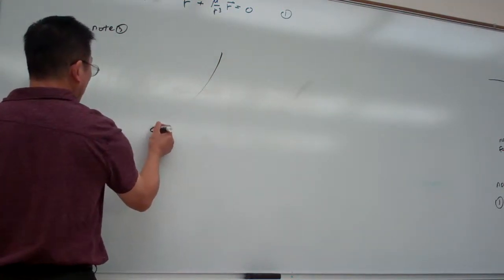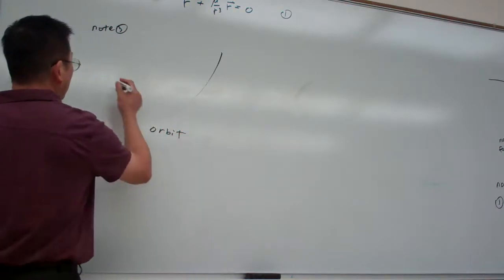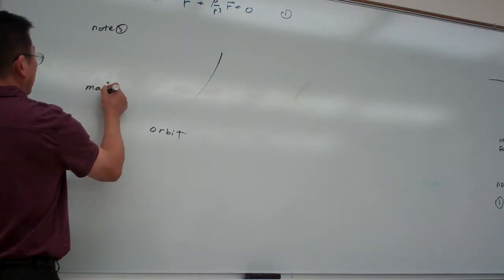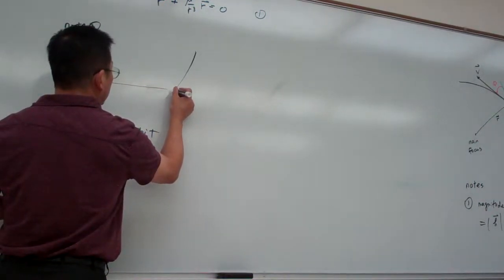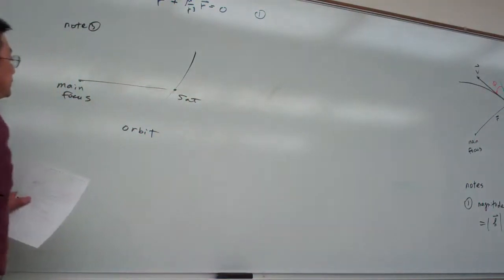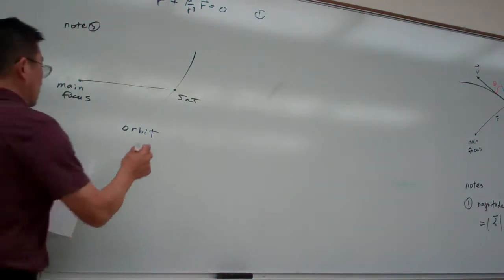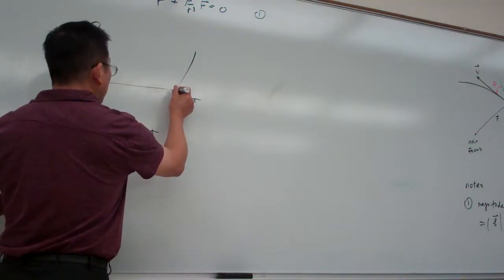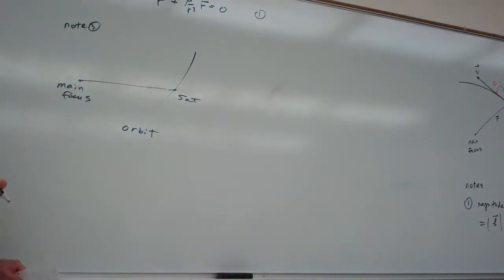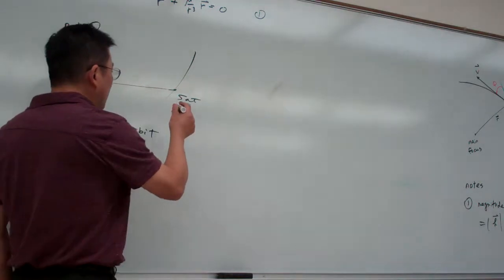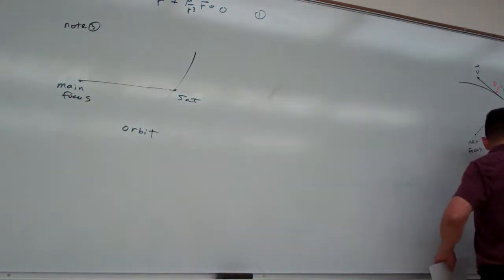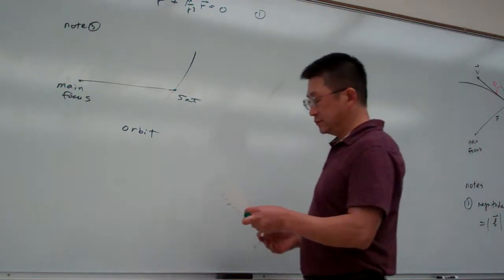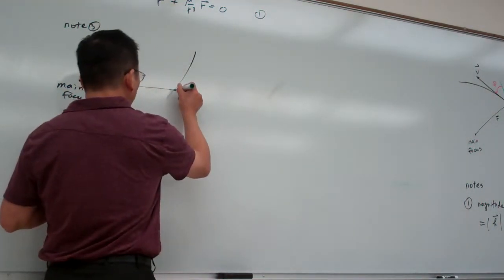So this is the orbit, and this is the main focus. So this is the satellite. And in these illustrations, I want to take another coordinate system. Rather than using Cartesian, why not take the polar coordinate system.